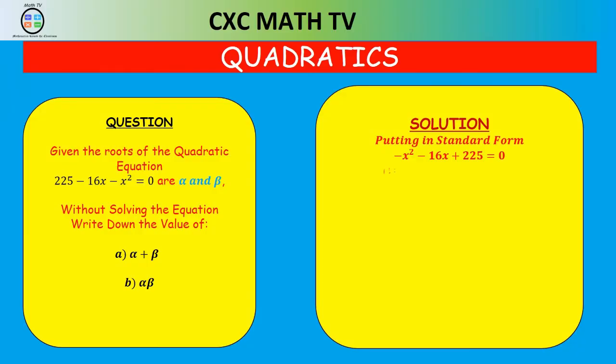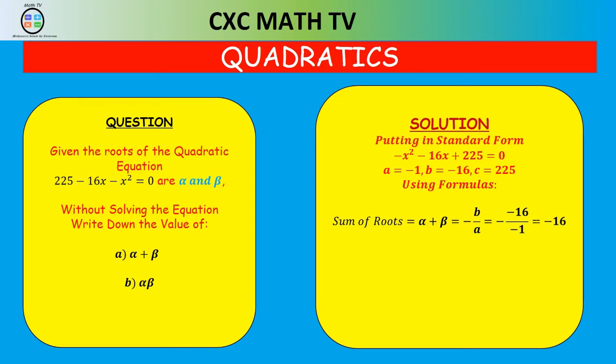From that, we're able to identify our a, which is negative 1, our b, which is negative 16, and our c, which is 225. Using the formulas that we said, the sum of the roots, which is alpha plus beta, is now minus b over a. So it's negative 16 over negative 1, which is negative 16.